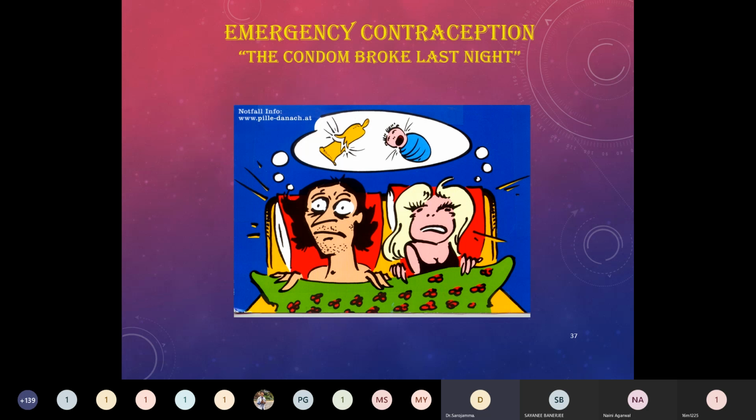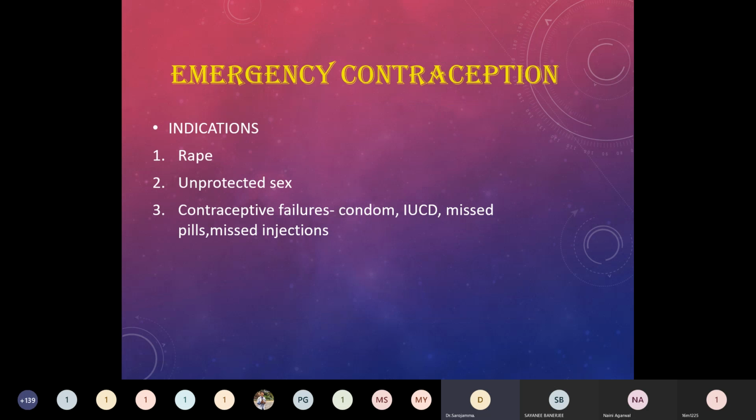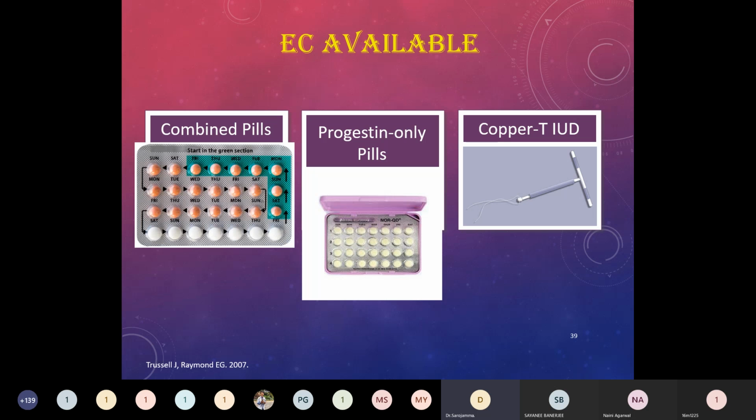The indications are rape, unprotected sex, and contraceptive failures like a condom that broke, or the method was not used, or IUCD misplaced or fallen, or missed pills and injections that missed their scheduled dosage. In those cases, we may have to advise the woman to go for emergency contraception.